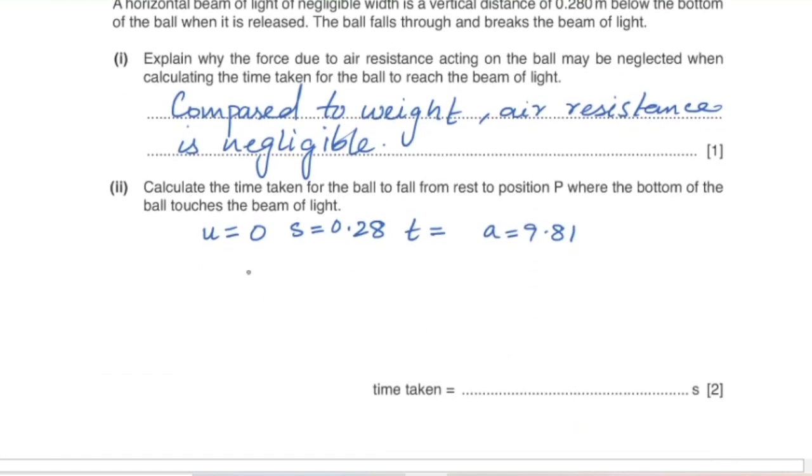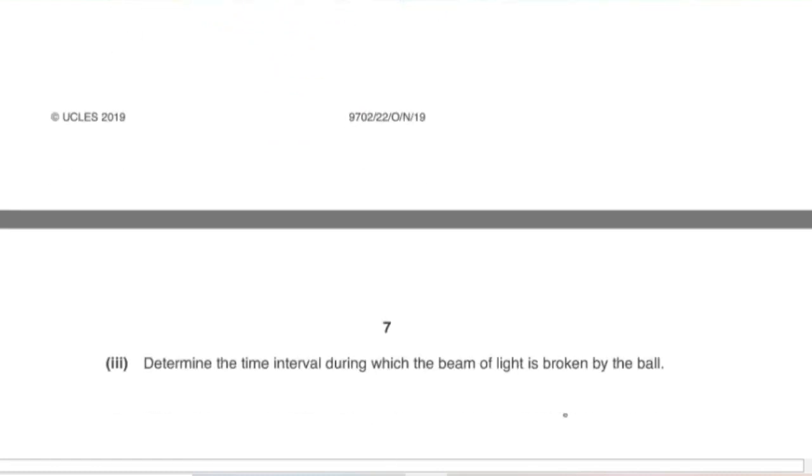So we can use the formula s is equal to ut plus 1 by 2 at squared. When you substitute all these values, you'll get the time taken as 0.24 seconds.